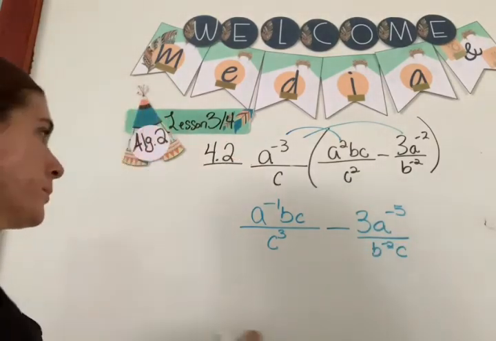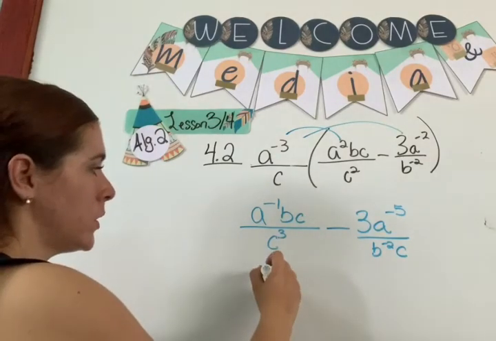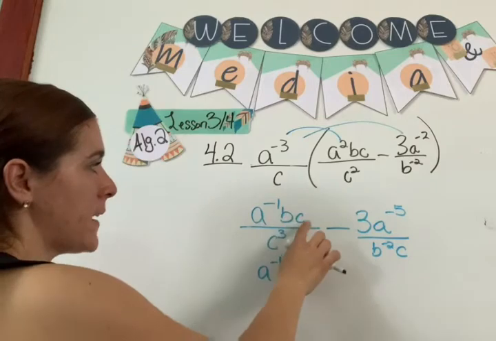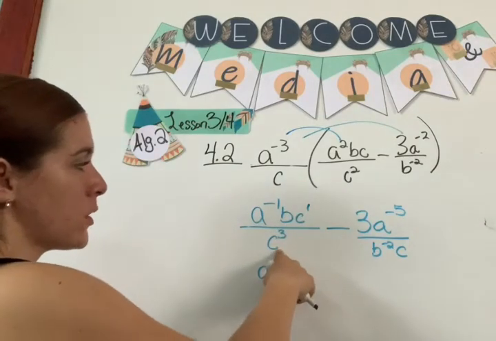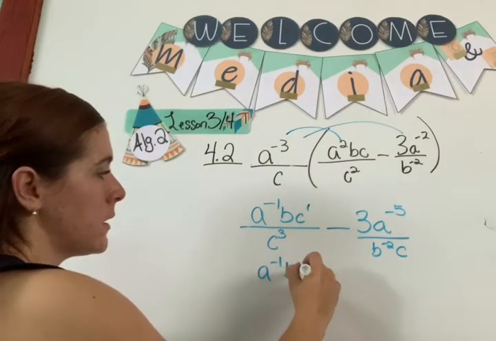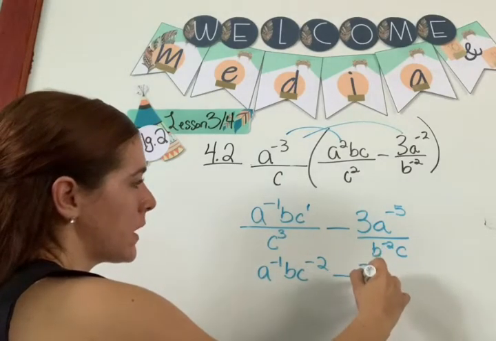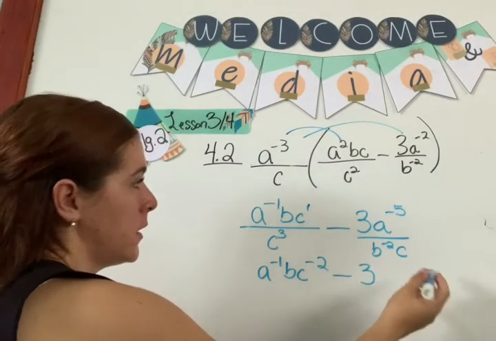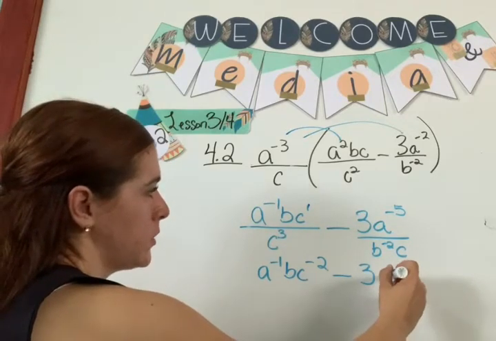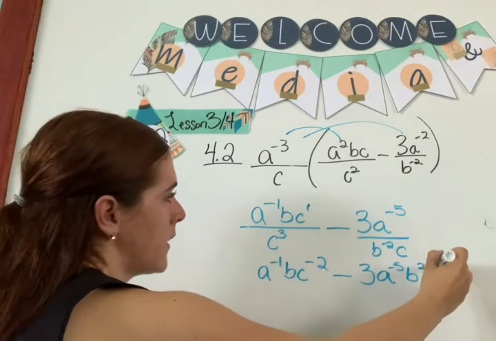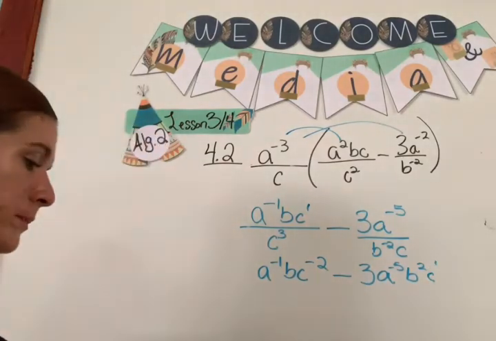Okay, now we need to combine everything. A to the negative 1, b, c to the 1 minus 3. So that's going to be c to the negative 2, right? Minus 3, nothing to combine here. So I'm just going to put it all in the numerator because I already did up there on the other side. And that's your answer, okay?